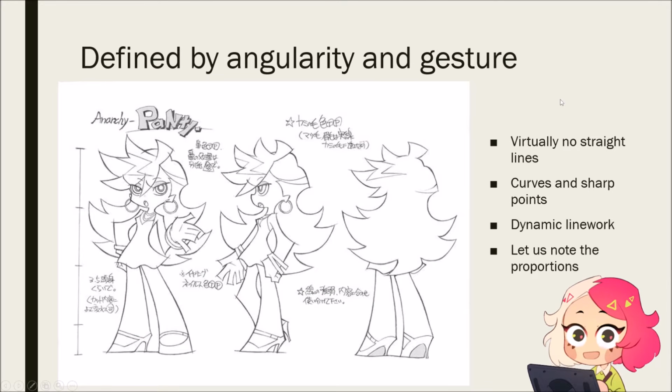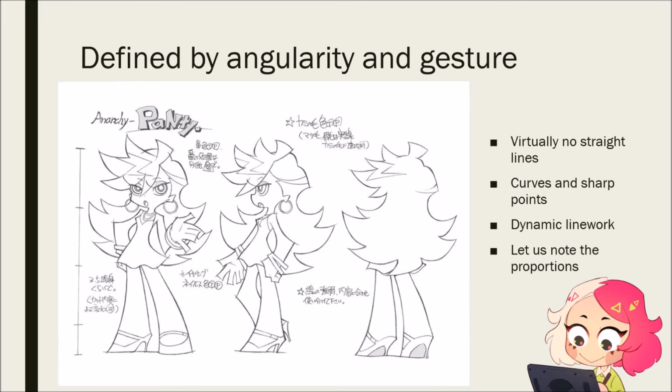So let us get into the nitty gritty of this particular art style. The picture you see here, I believe, comes from the official art book, and I think it will be really informative for the purposes of what we're doing here.